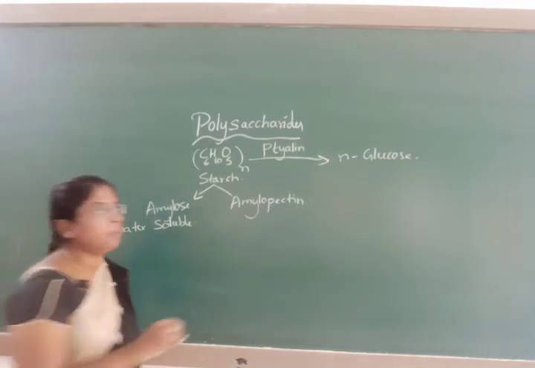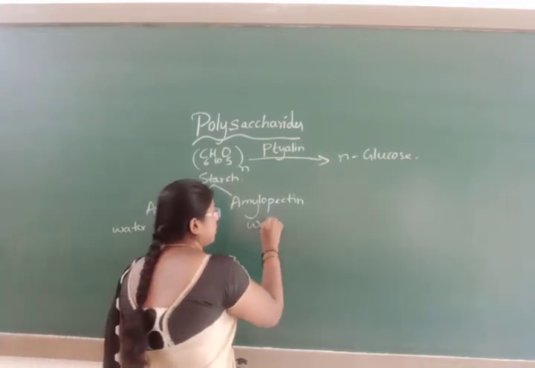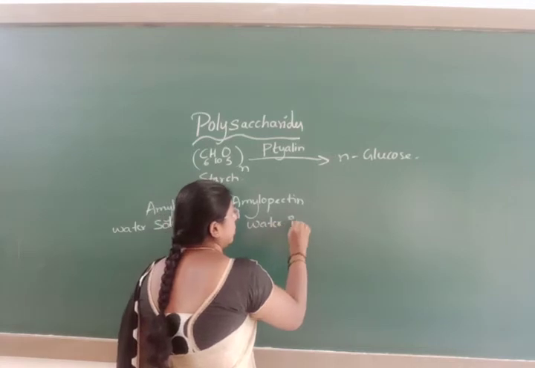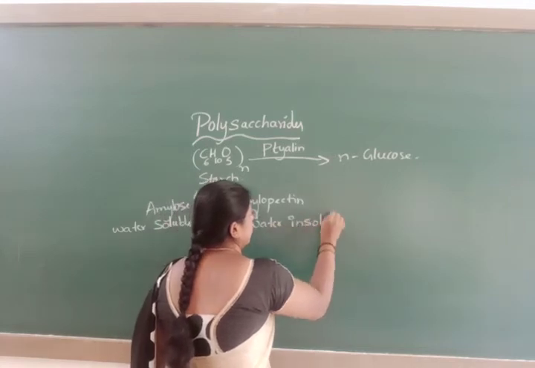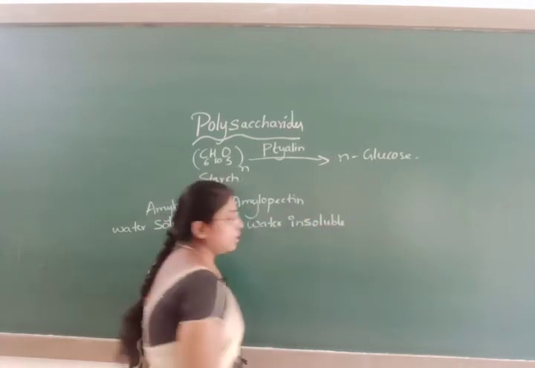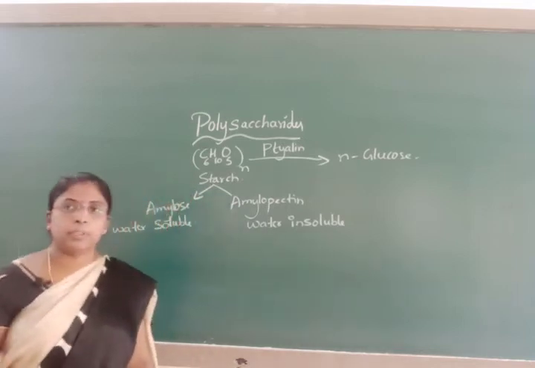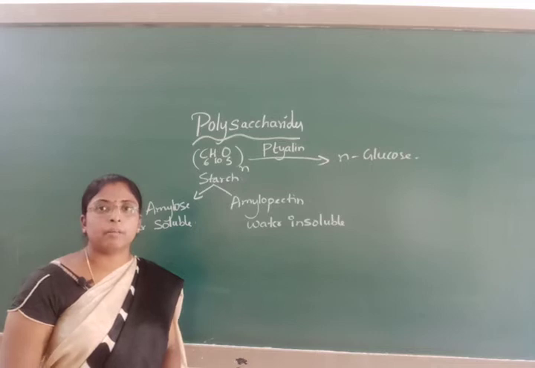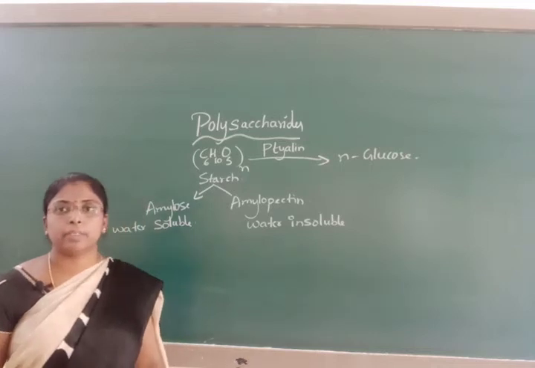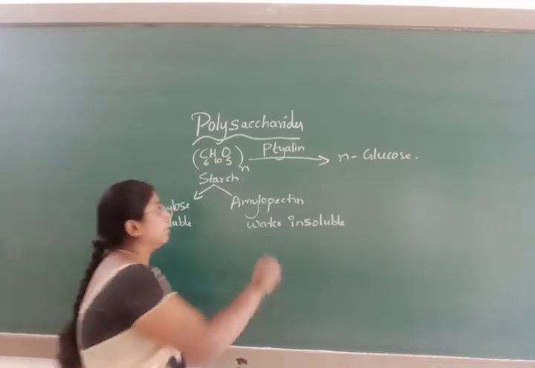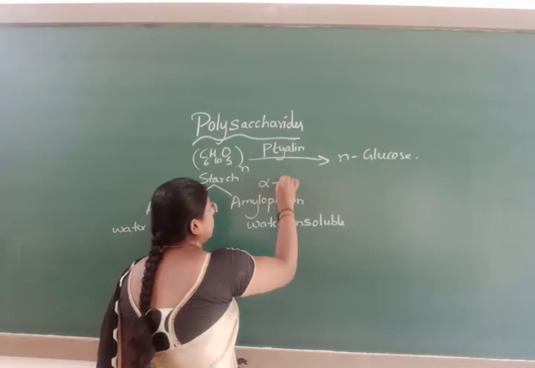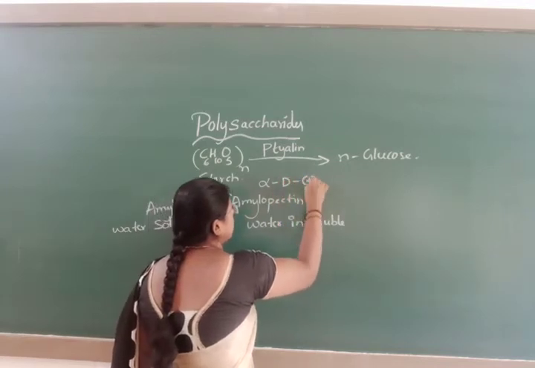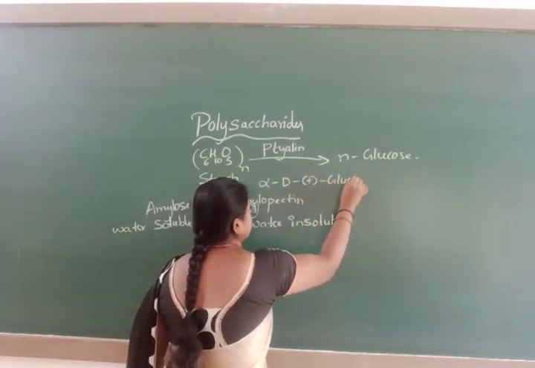Amylopectins are water insoluble components. Both amylose as well as amylopectin are made up of alpha D plus glucose units.